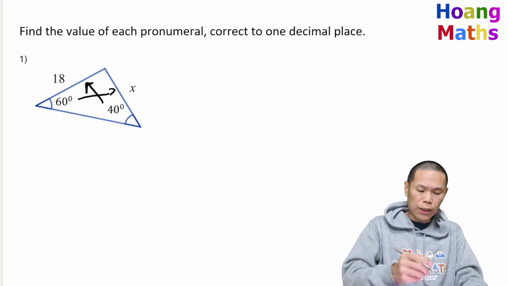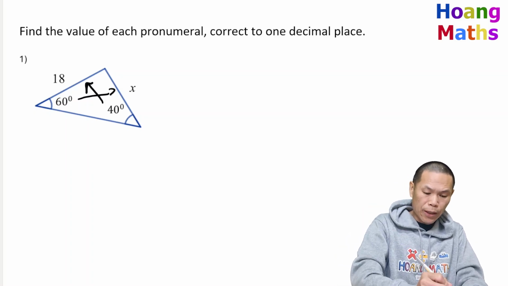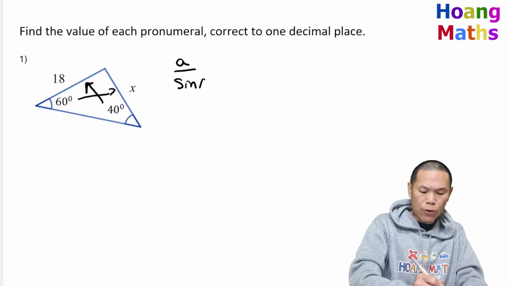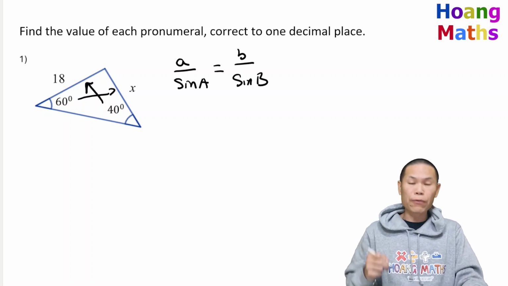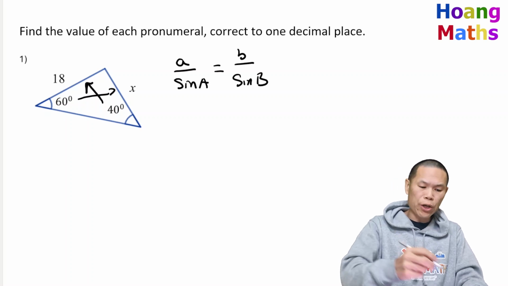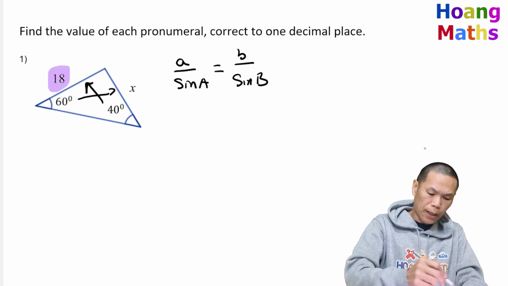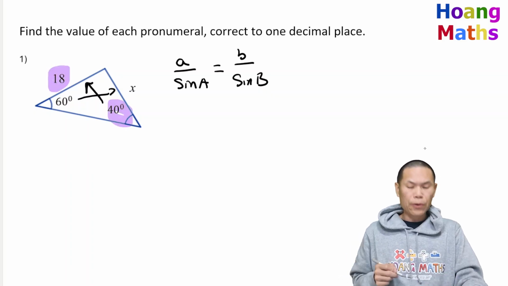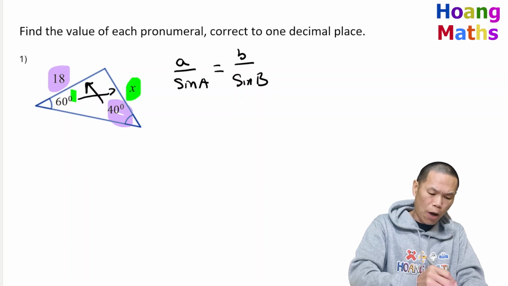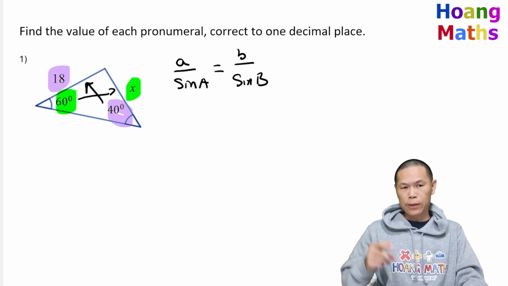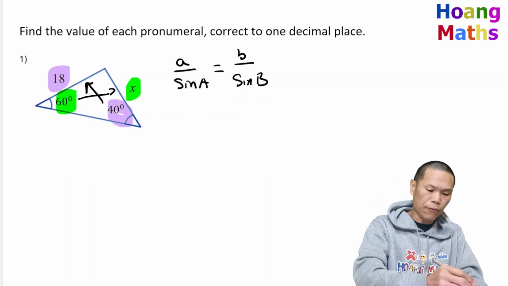Then we know that the sine rule is this, okay? a over sine of angle A equals b over sine angle B, capital letter, okay? Don't forget for angle. So we already know that this is opposite of 40 degrees, and x is opposite of 60 degrees. That's important, okay, to identify first.